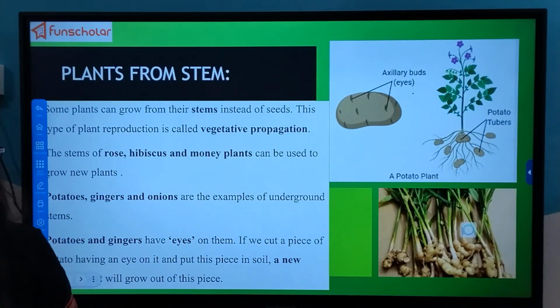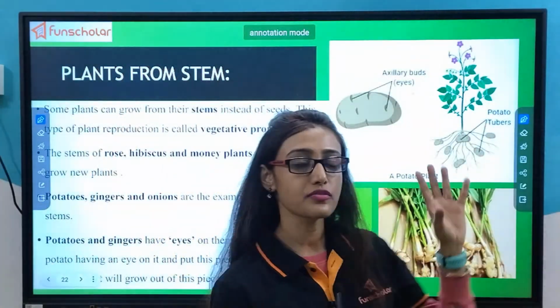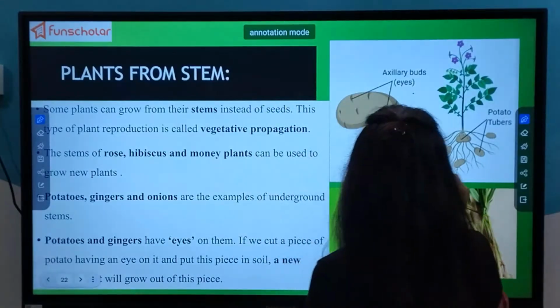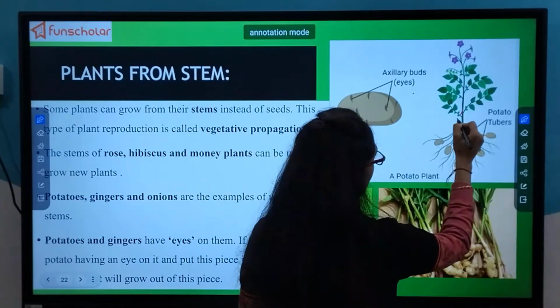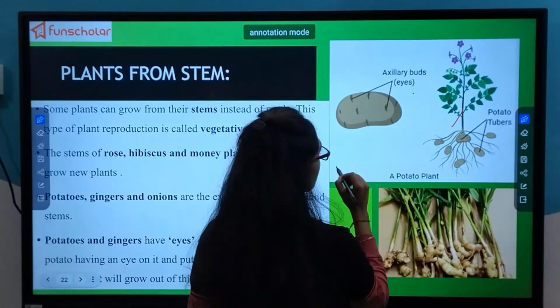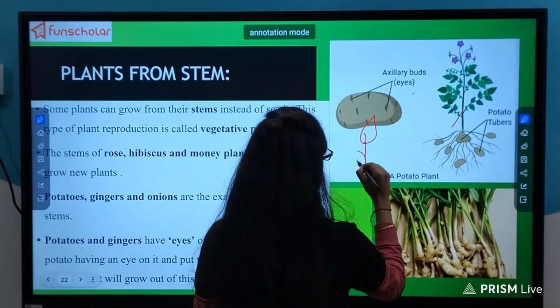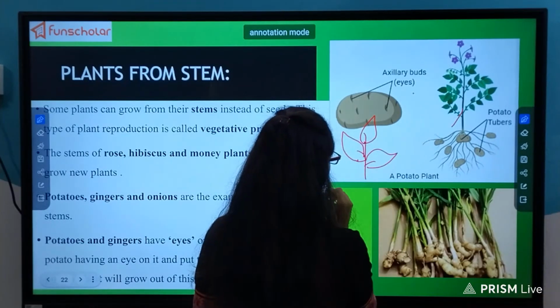Now first let us see from the stem. How do we grow plants from stem? Okay. Suppose, firstly, consider this is a plant. I have cut it from this part. So how will it look like? It will look like this. Now what I will do?